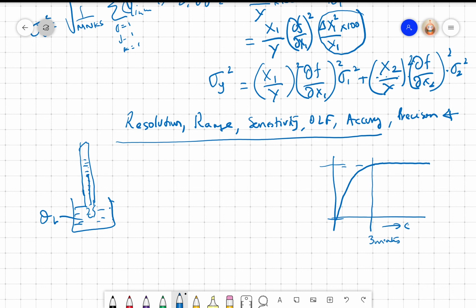He puts the thermometer in your mouth and he starts looking at his watch. After some time, he takes out the thermometer and checks your body temperature. Why does he do it? Because the thermometer requires certain time to sense the actual temperature of whatever we are measuring, whether it's a body temperature or a temperature of a liquid, and only after a certain time it correctly reads.